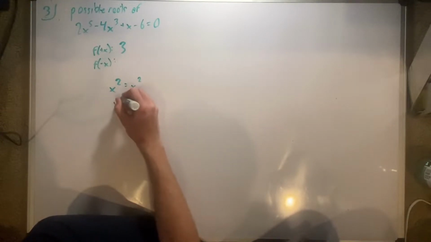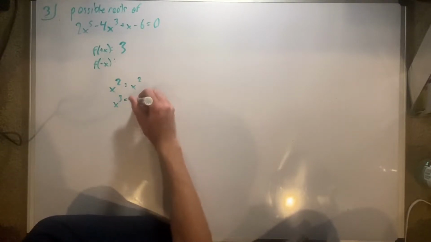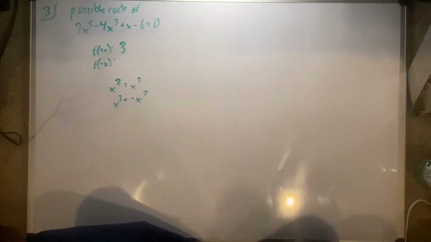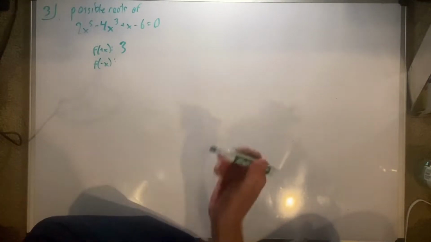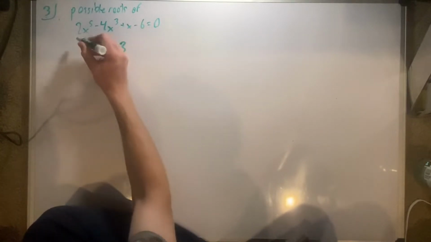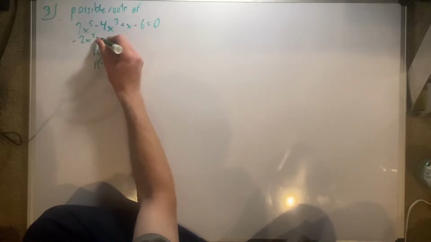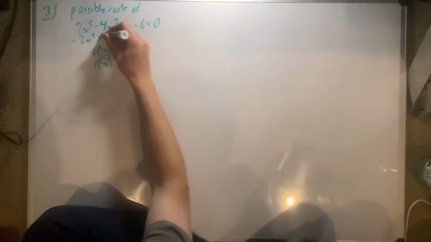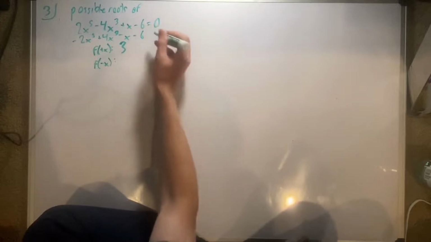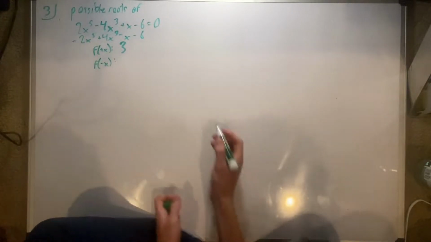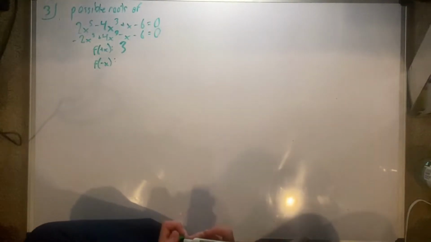Although if we plug it in for any odd power, it'll then be equal to negative x cubed. So if we were to plug this in for negatives, you would get negative 2x fifth plus 4x cubed minus x, and then this one wouldn't change because there's no difference when we plug it in there. So that would be our f of negative x.